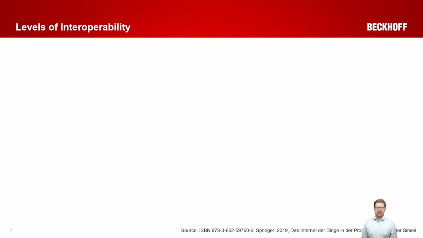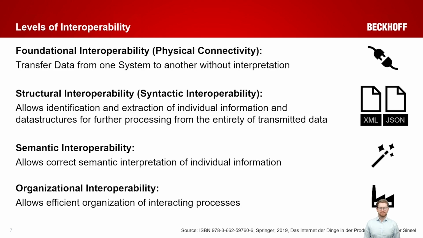Introduction. Levels of interoperability. What is interoperability and what does it have to do with OPC UA? Well, there are 4 kinds of interoperability that are built up on each other. There's the foundational interoperability, physical connectivity, which means you can transfer data from one system to another without interpretation.